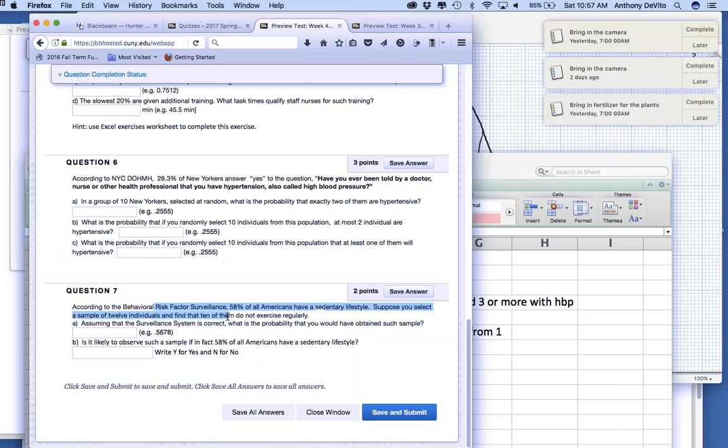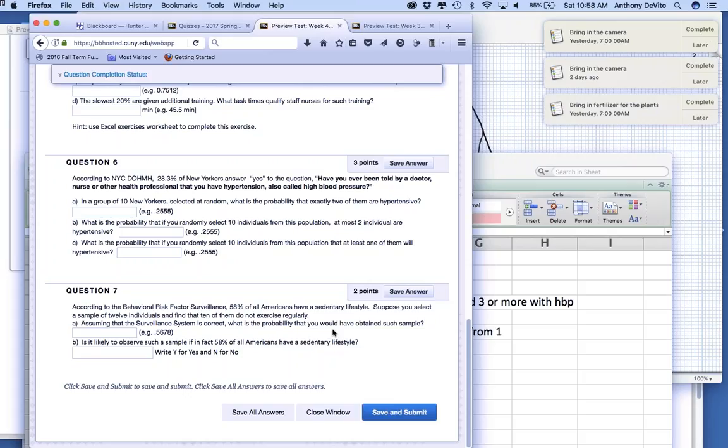According to 58% of Americans, well, it's basically a binomial distribution, isn't it? 58% of Americans have a sedentary lifestyle. Suppose you select a sample of 12 people and find 10 of them are sedentary, in other words, that they don't exercise, that they're among that 58%. So assuming that the surveillance system is correct, what's the probability that you would have obtained such a sample?